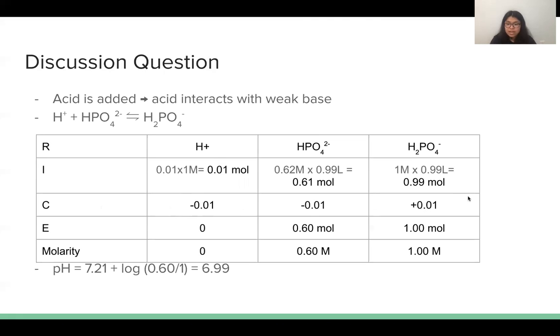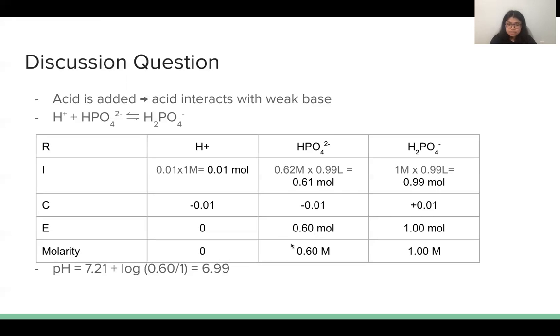And we're going to put that through the entire RICE table. We remember how to fill out our RICE tables, and that's going to be minus 0.01, plus 0.01, and that gives us our equilibrium value. That equilibrium value is currently just in moles. We want to find the concentration, because we need the concentration to figure out our pH.